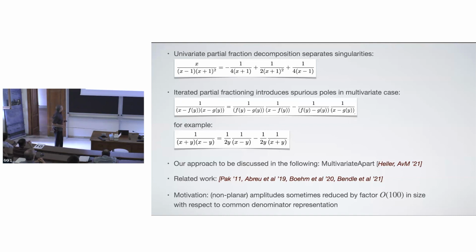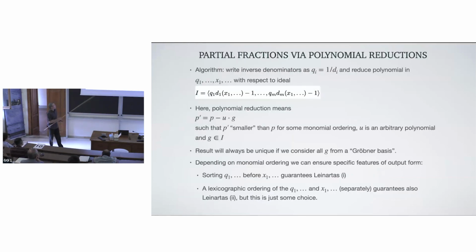And I cited some work which aims at that. And these decompositions can actually help you to bring down amplitude expressions by up to a factor of 100 in size, going from the common denominator representation to this multivariate partial fraction decomposition.